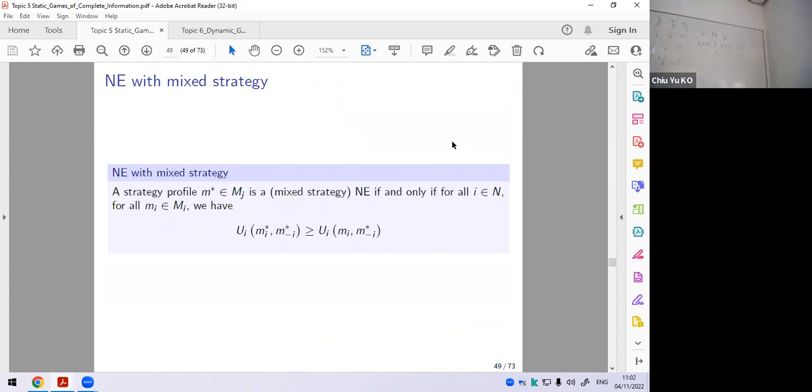So the only change is you allow your strategy space to expand. Before you just chose one of those, but now you randomize over all of them. So the Nash equilibrium is also the same idea: given my randomized, mixed strategy, no other strategy is better off.